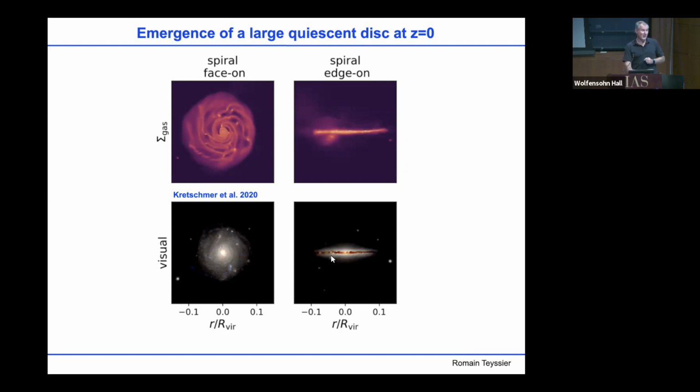Again, it is hard to form thin stellar disks as thin as we observe. This could be numerical issues, or it could be the physical modeling, which is not correct. There are many possibilities, but I'm giving you the caveats here, otherwise the result is quite satisfactory. So maybe we could use those simulations to study how real galaxies form, and here we're going to study magnetic fields using this methodology.